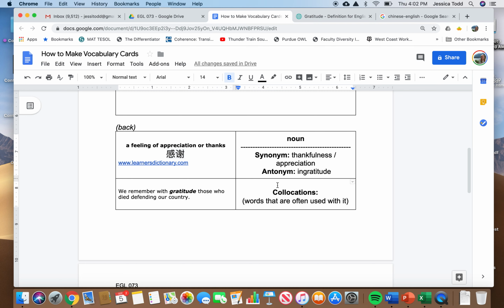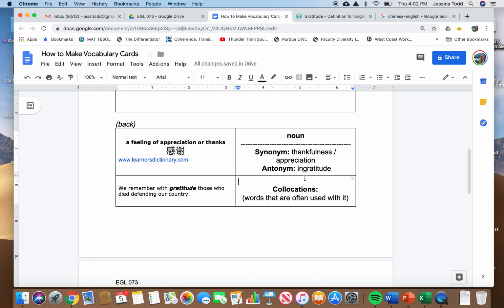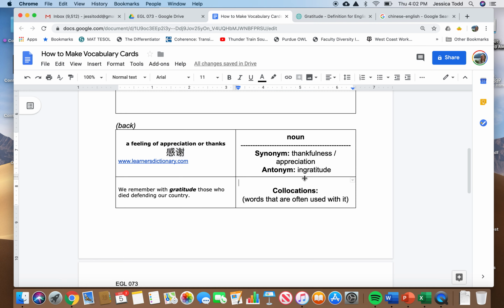Okay, last up is collocations. And these are probably new for most students. A collocation means what are the words that often go before or after this vocabulary word. So looking at our example sentence, we can already choose a collocation. So here's the vocabulary word.